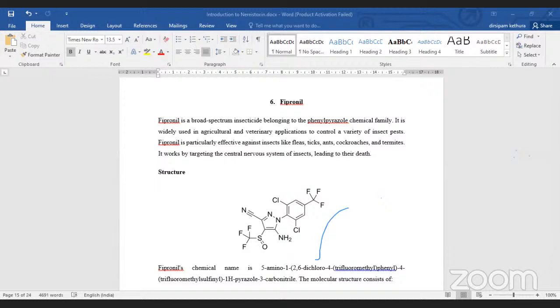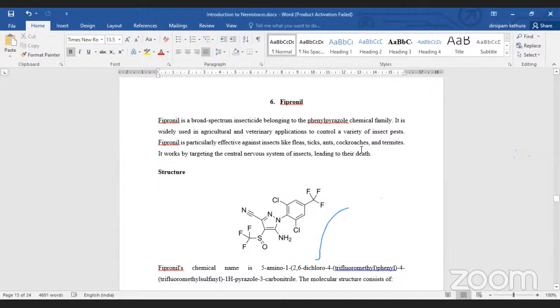And coming to the next topic, fipronil. Fipronil is a broad-spectrum phenylpyrazole insecticide, which is used to control various pests.